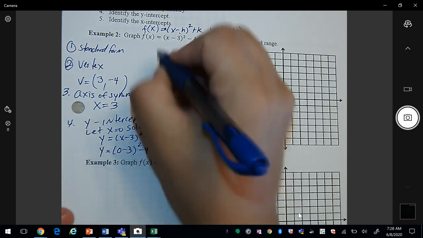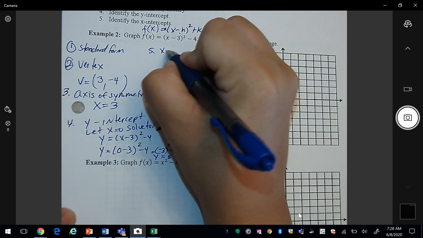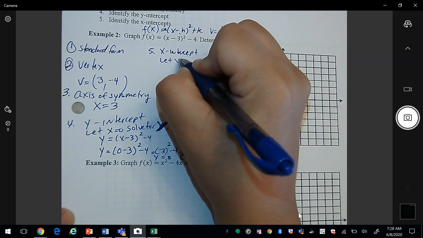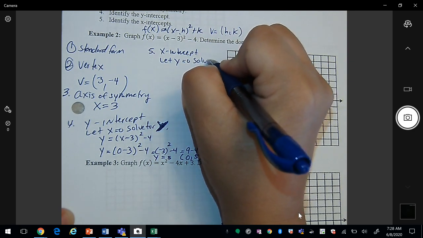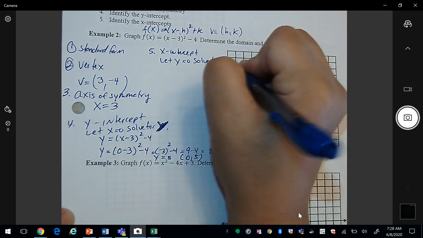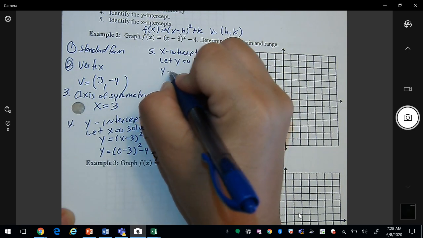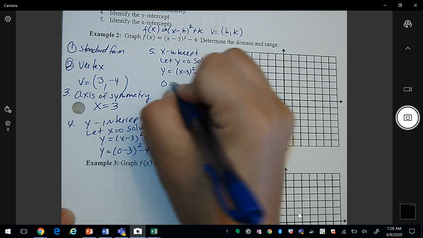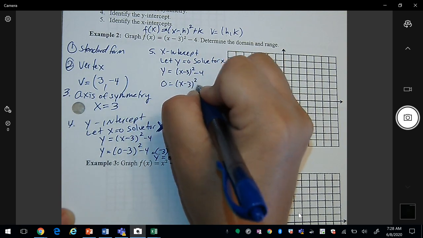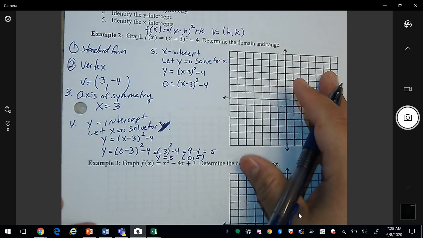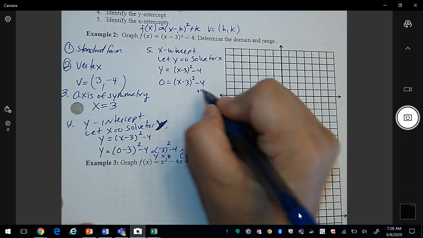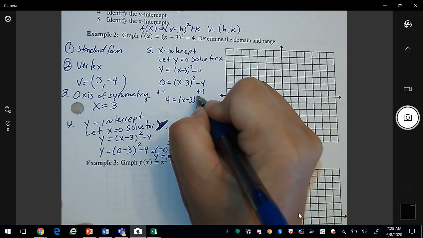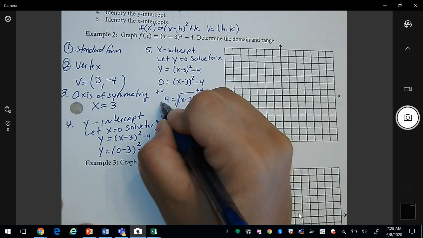Okay, and then the last one, number 5, is the x-intercept. For this one, we let y equals 0 and solve for x. Here I can add 4 on both sides, and I can take the square root.